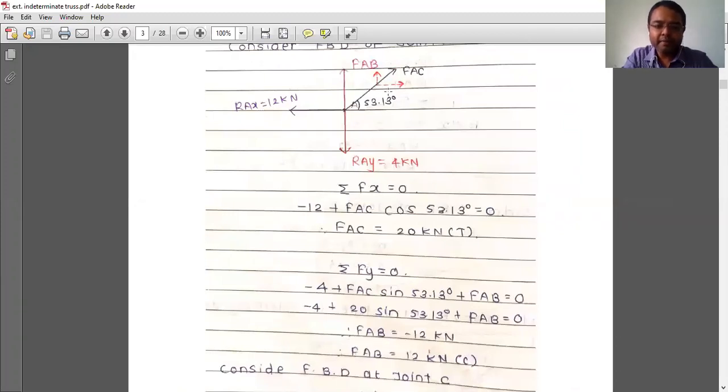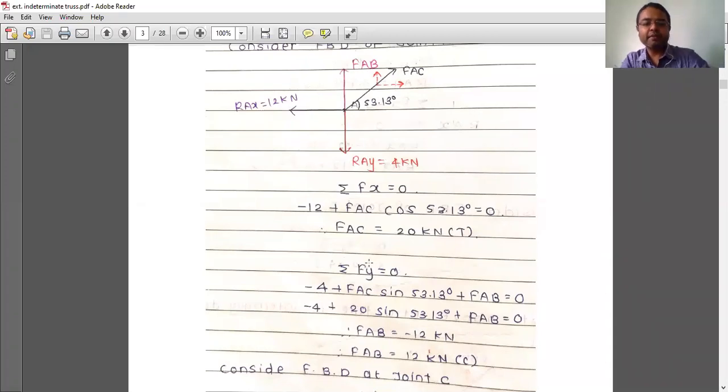Next, to this diagram itself, just apply summation Fy equal to 0. So here FAC sine 53.13 going upward, that's why plus FAB minus this 4 kilonewton, that is to be equal to 0.